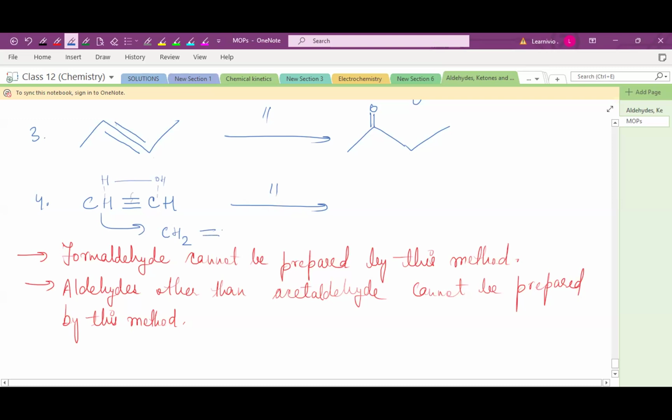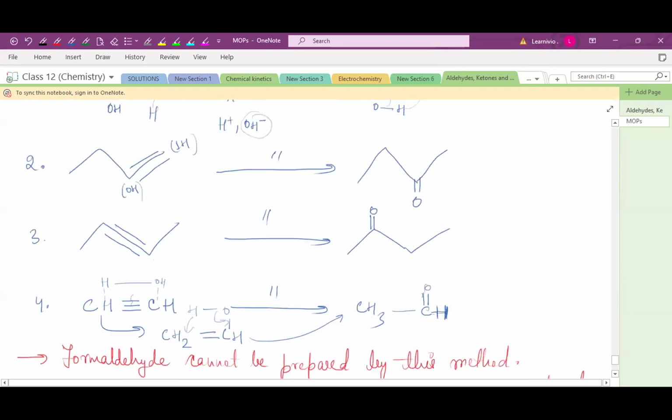It will undergo tautomerization, and you will get CH3 CHO.